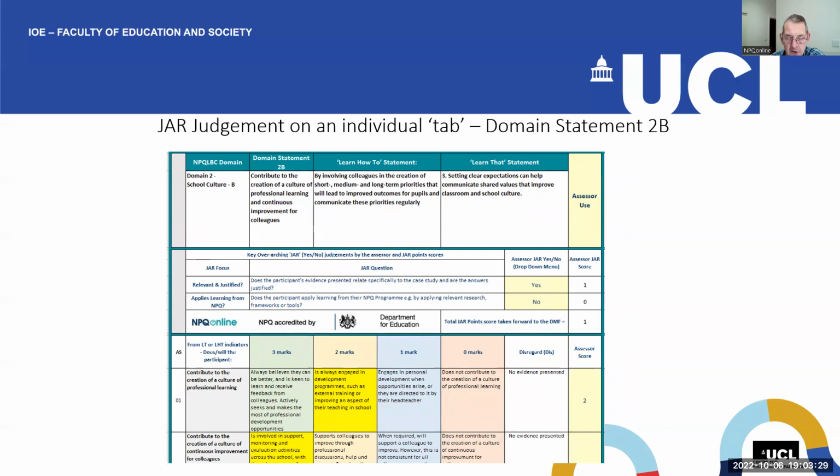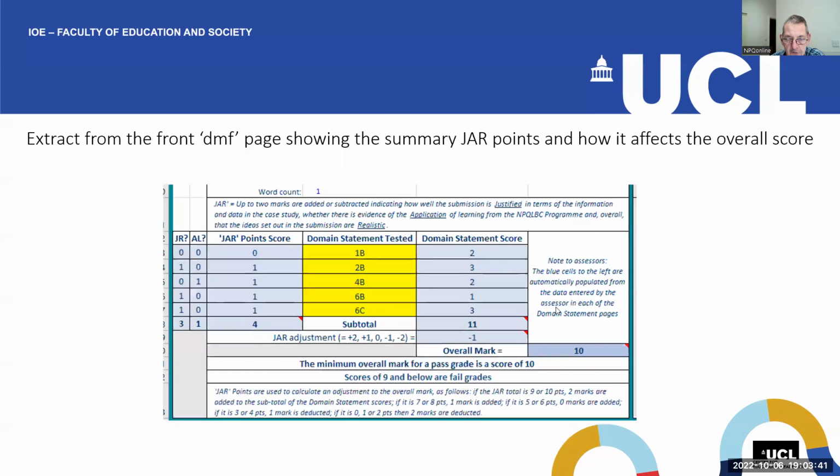Whereas on the second question the answer was no, and therefore on the first question you get a JAR score of 1, and on the second question you get a JAR score of 0.